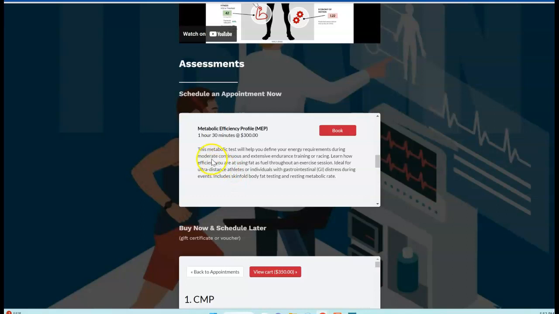So we can come up with real definitive levels of carbohydrate need, what you want to do in your fueling, how you're adapting maybe to diet or to the training. Are we able to maintain that fat utilization or even move it up a little bit at a higher power output or a higher pace? So that's what the metabolic efficiency profile is all about.